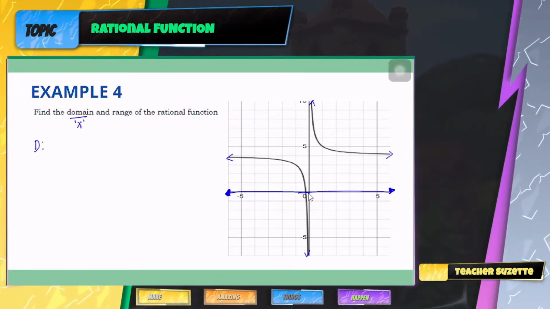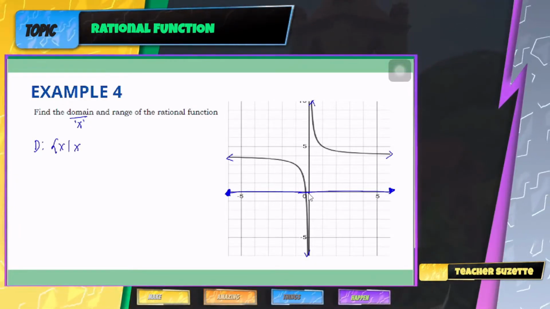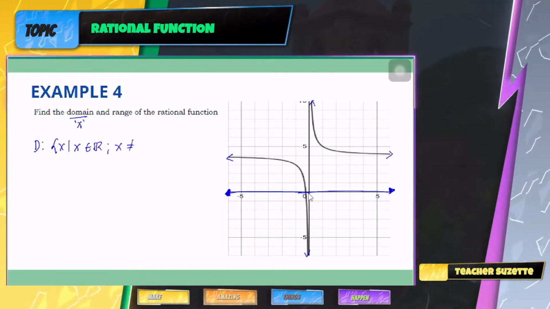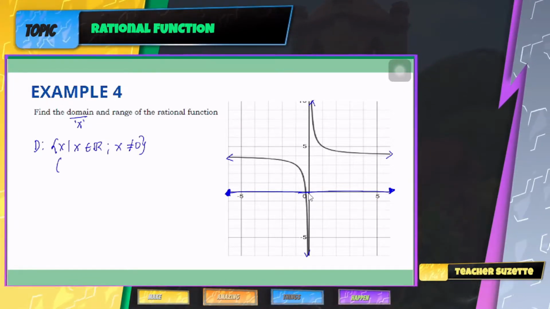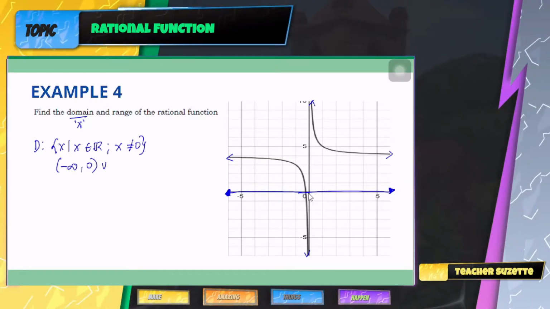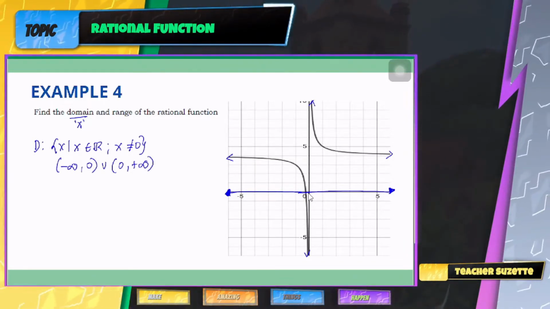So your domain now is the set of x such that x is the set of real numbers where x is not equal to 0, or that is negative infinity, 0, union of 0, positive infinity.